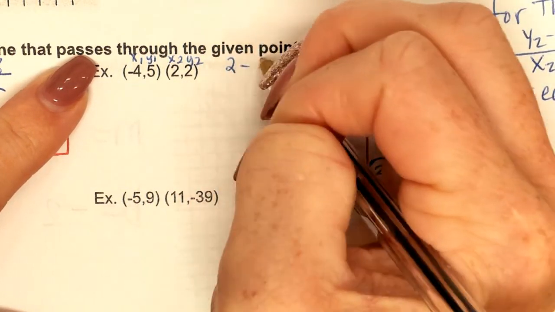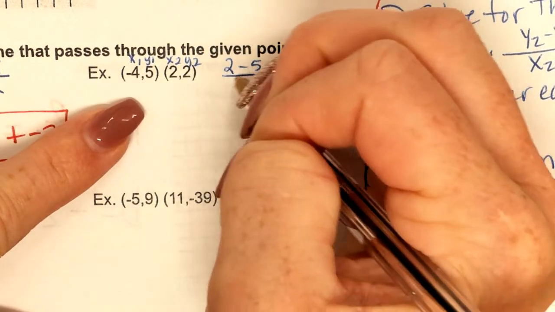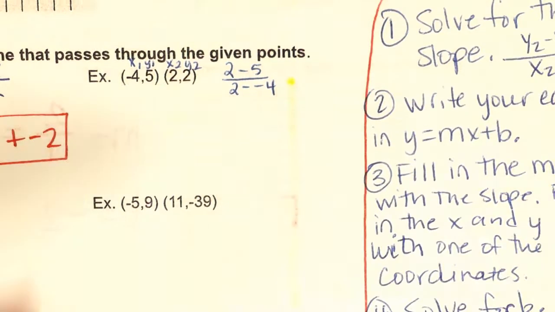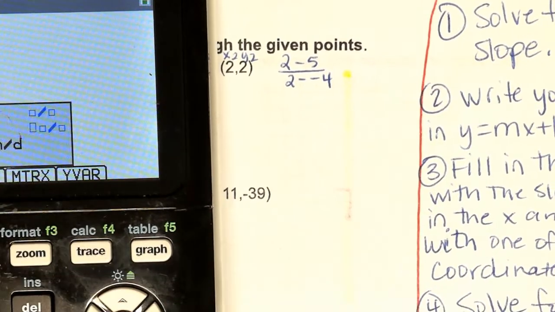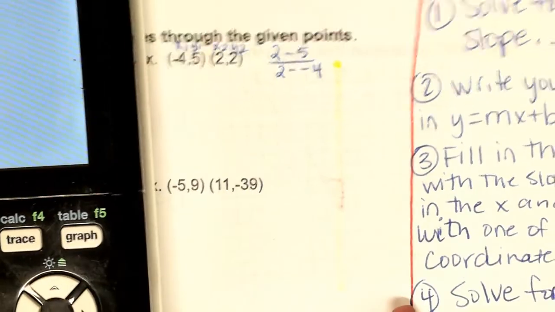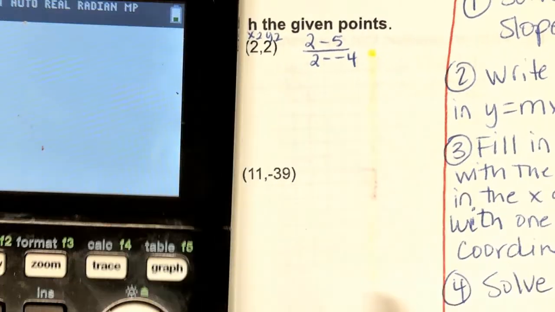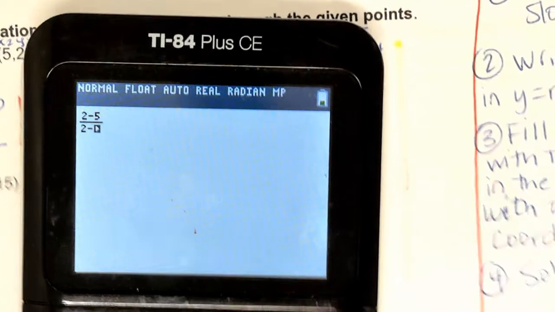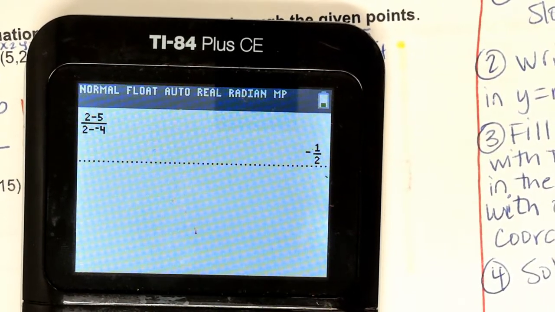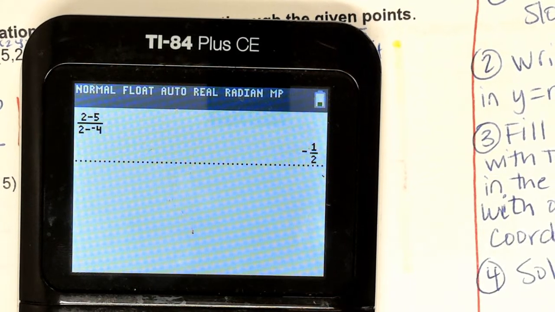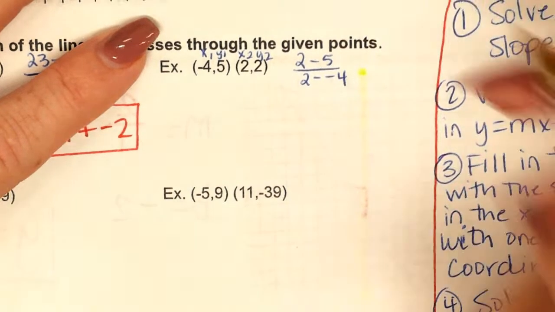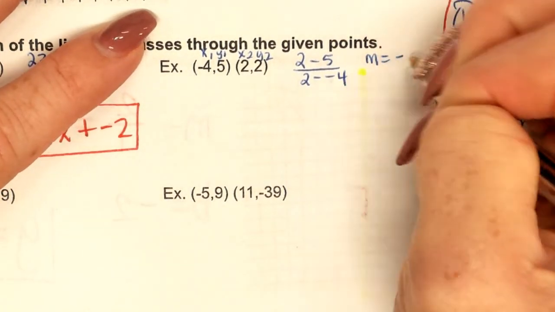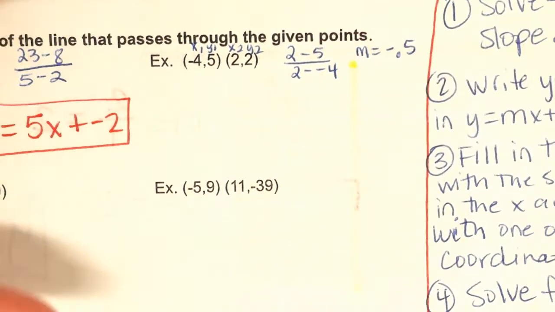So y2 minus y1 over x2 minus x1. Put in your calculator and get the slope. What's the slope? Can I write that as a decimal? Okay, so my slope, my m, is negative 0.5.